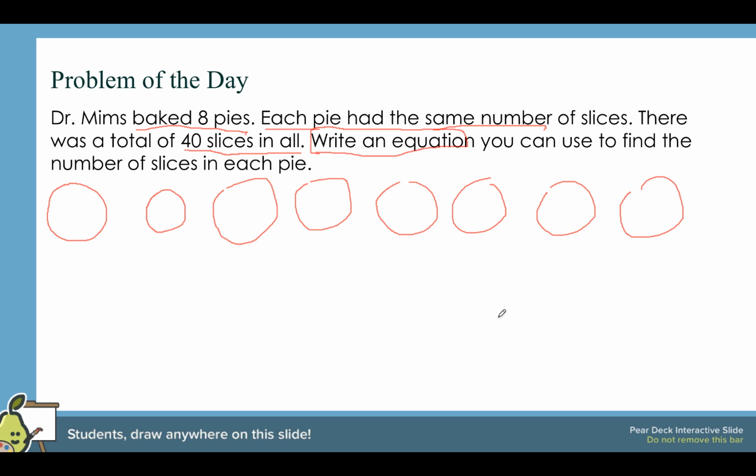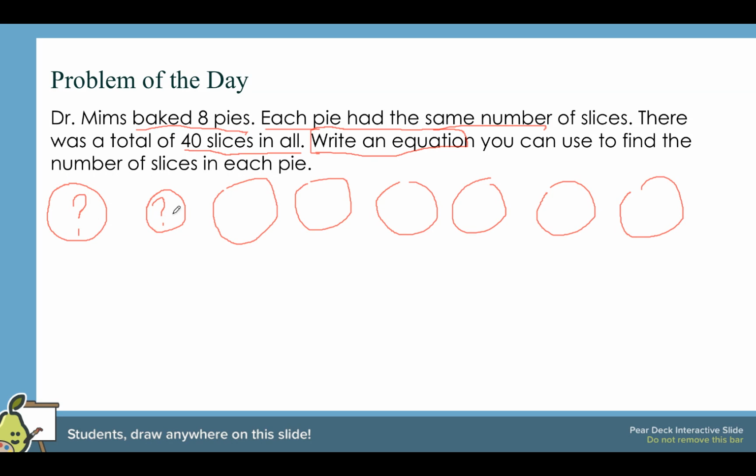Then it says each pie had the same number of slices. Well, I don't know what those slices are right now. Okay, so this is like, okay, well, how many does this one have? How many does this one have? I don't know, but I know it's the same number in each one.